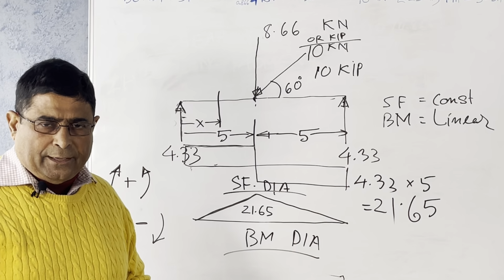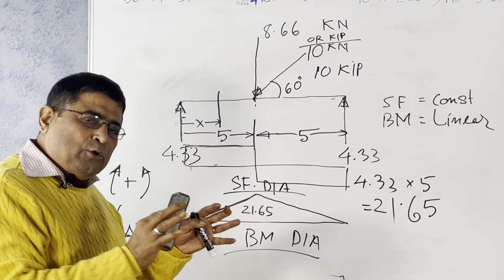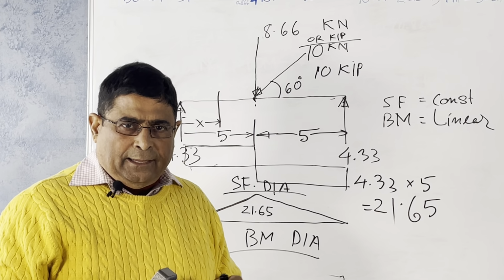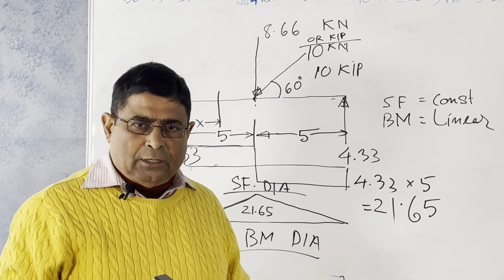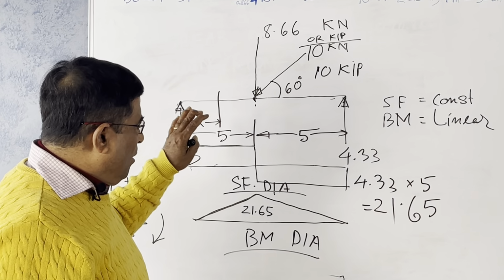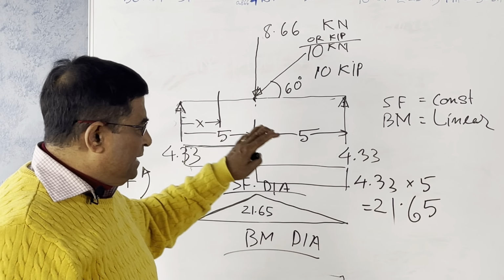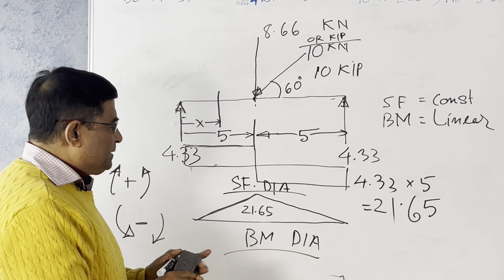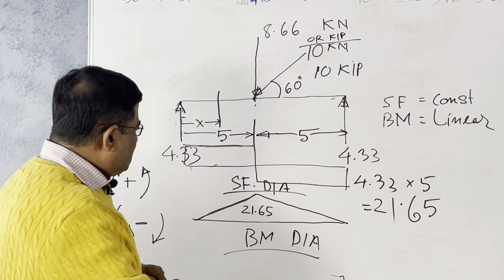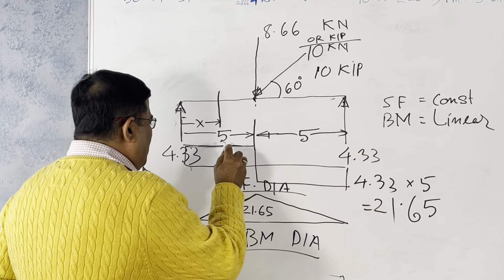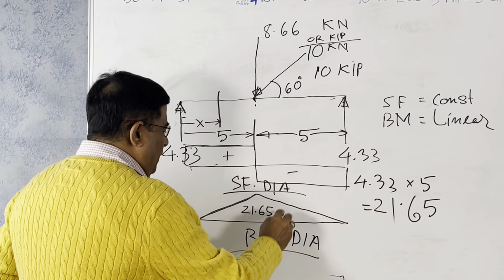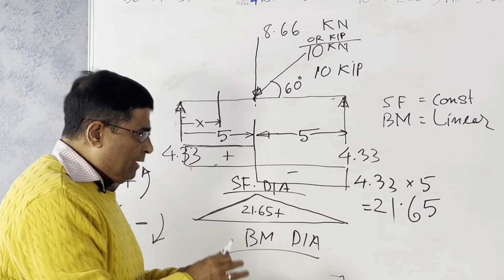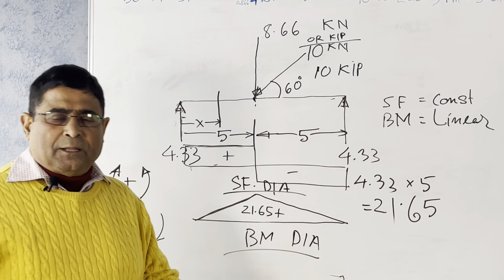Okay, so I think you understand what I am telling you today. Don't get confused. This is the simplest form to find the bending moment and shear force diagram. Why it is positive, why it is negative, I explained that, and we will follow the same principle in the other problems also.